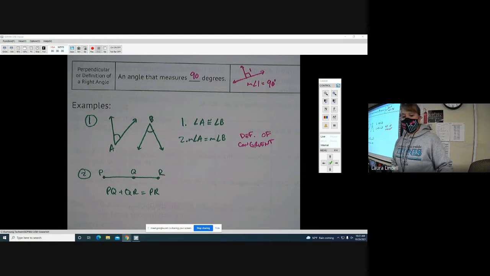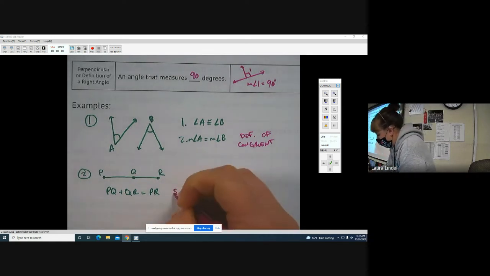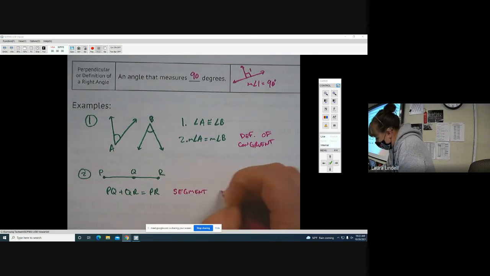Do we see anything that looks kind of like this? Yeah, what do you see? Segment addition. Yeah, this is the segment addition postulate right here. So anytime we see this under the statement side of a proof, our reason is segment addition postulate.